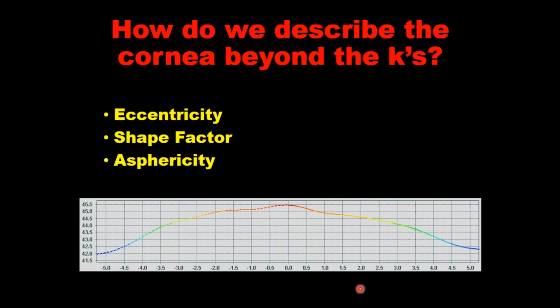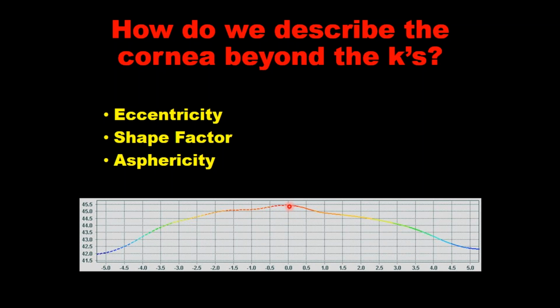Now the second factor that is important in the construction of a proper fitting rigid contact lens, and especially the CRT, is the eccentricity, the shape factor, or the asphericity. What these describe is the corneal shape beyond the central K readings, beyond the central 3 millimeters that we talked about.